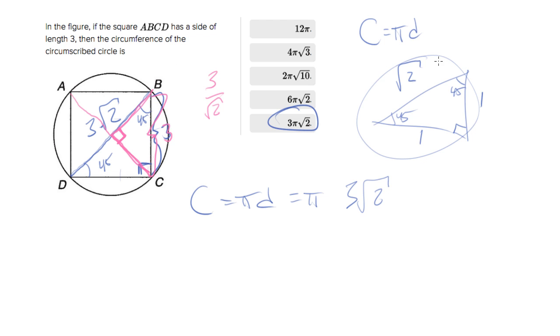Right, you would have had 3 up here, so you'd have to divide by root 2 to get the other side. So this little side would be 3 over root 2. If that's what you had, that will also work. It's just a slightly different way of solving it.